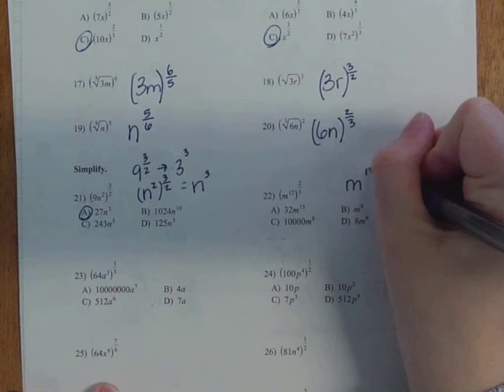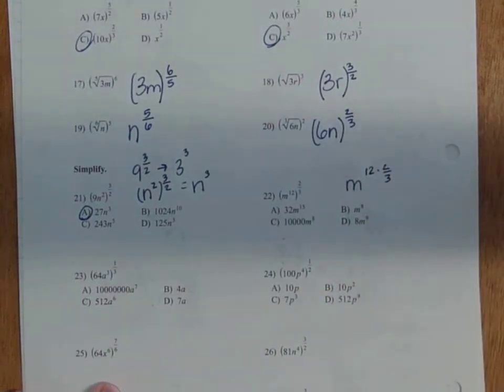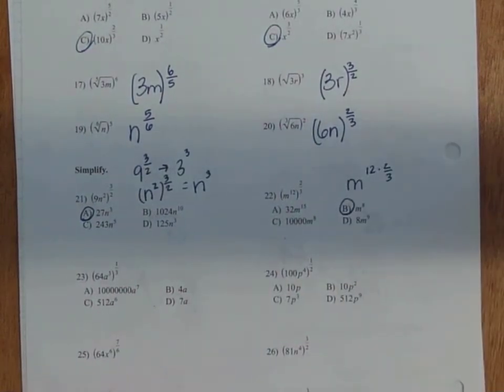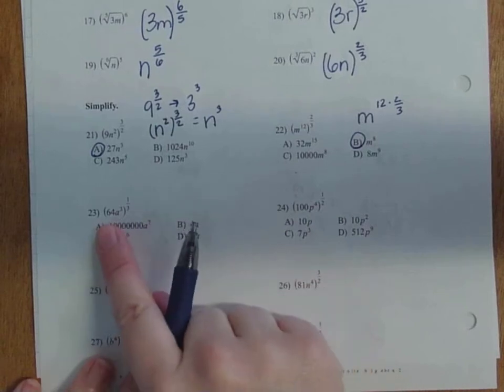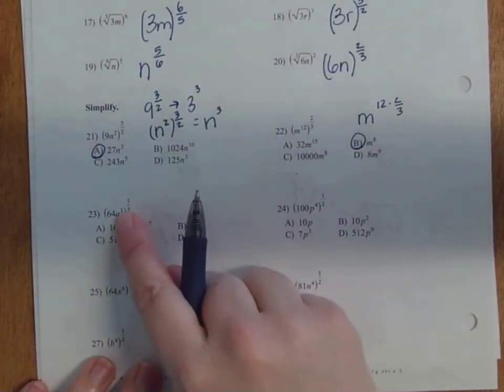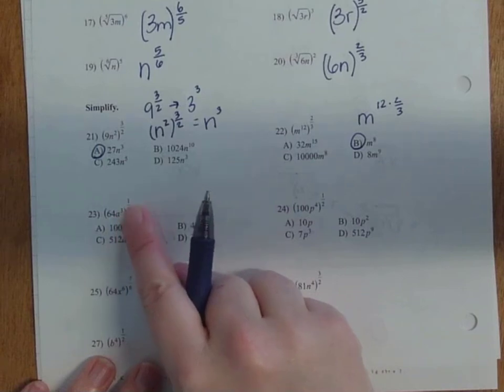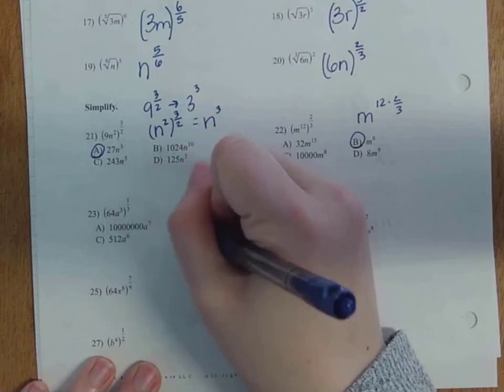Okay. Number 22. No coefficient to worry about, so what do I do with those exponents? Multiply. m to the 12 times 2/3. What's 2/3 of 12? 8. Okay. 1/3 is like asking for the cubed root. What is the cubed root of 64? 4. What is a to the 3rd power to the 1/3 power? So it would just be a.